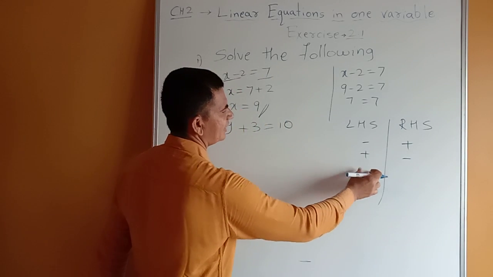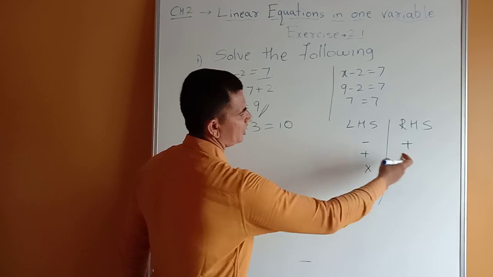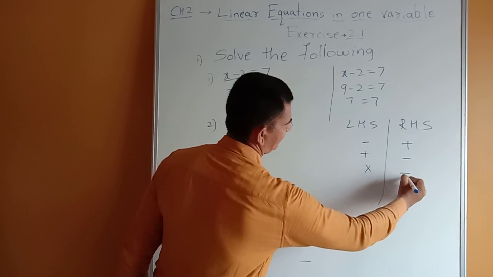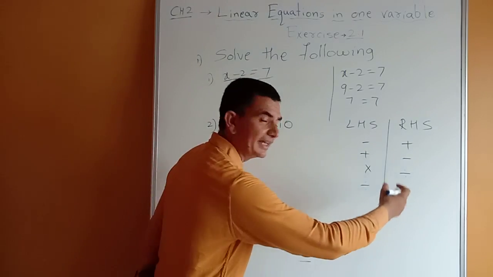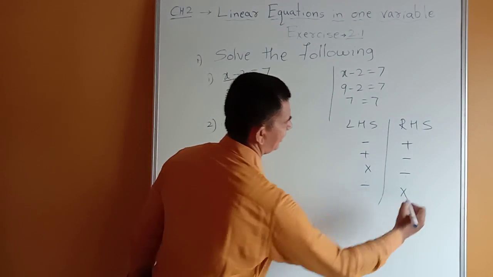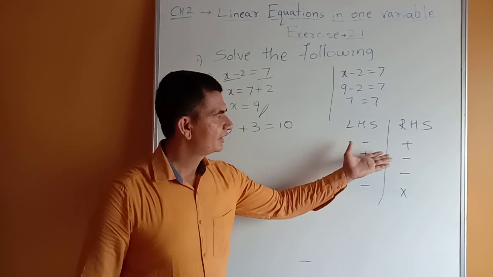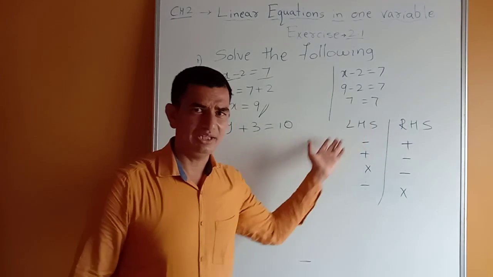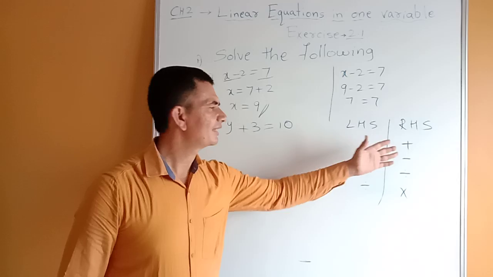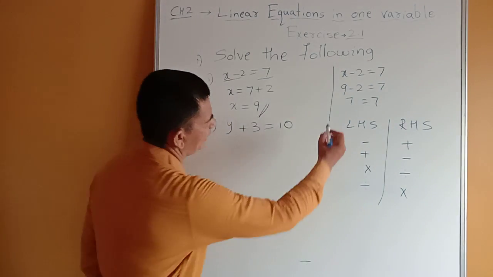And if here there is a multiplication sign, if it goes to the right side it becomes a division sign. If the left side has a division sign, if it goes to the right side it becomes a multiplication sign. Don't think that this applies only one way; if the RHS comes to the left hand side, the same rule applies, meaning you change the sign. You have to remember this.